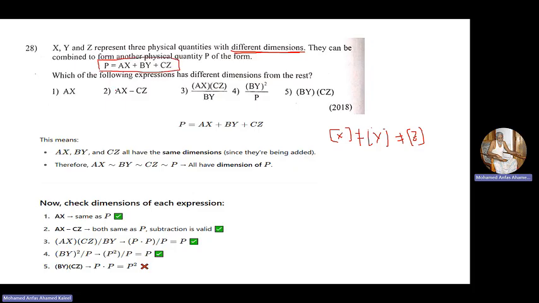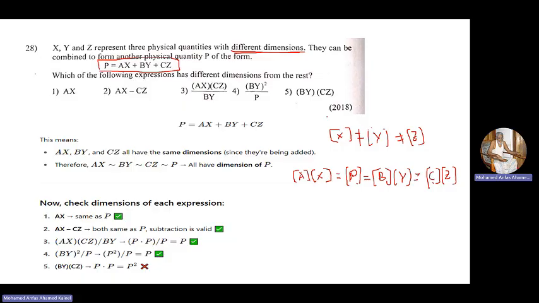It means what? According to equating the dimensions of this equation, the dimension of AX is equal to the dimension of P, and also BY is equal to P, and also the dimension of C into Z. This is the data.